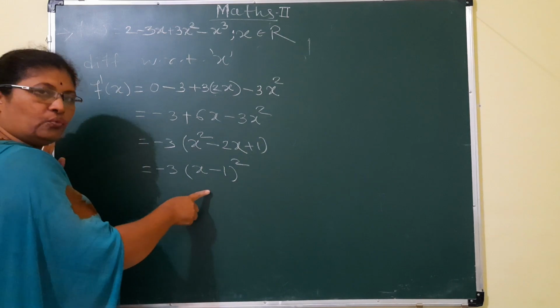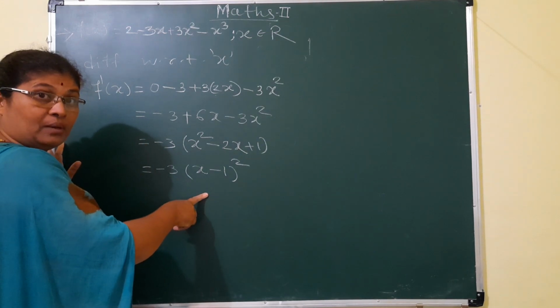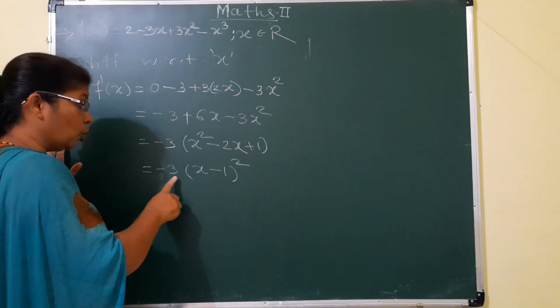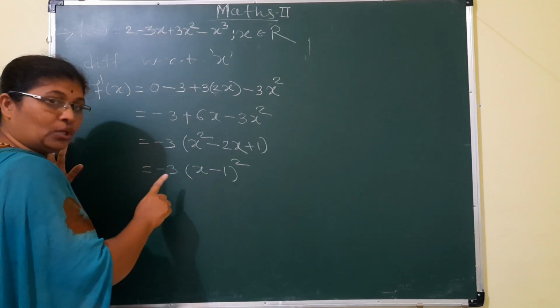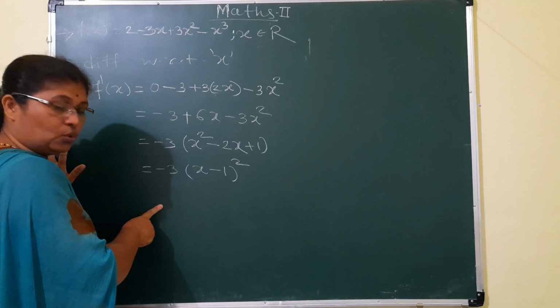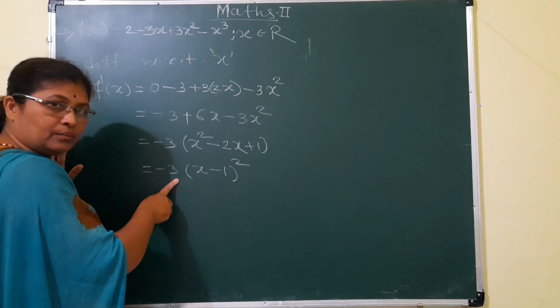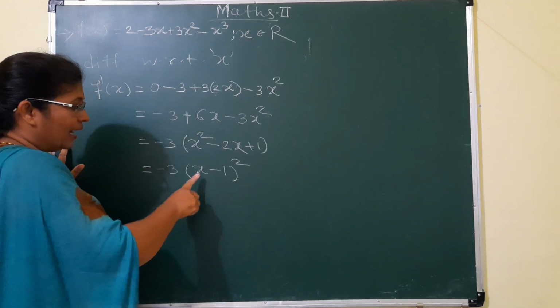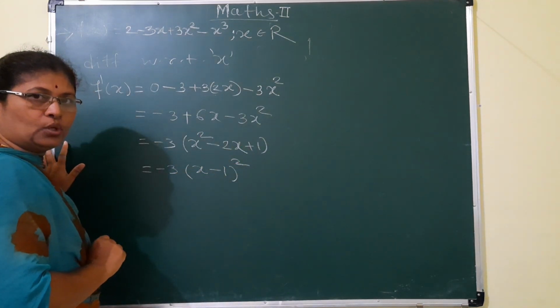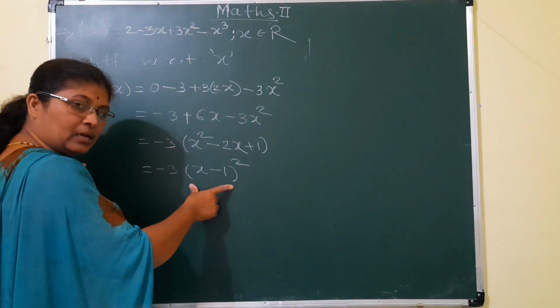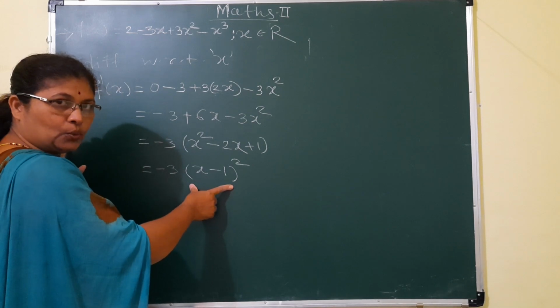So this value will be greater than 0 if both the terms are positive. It will be less than 0 if one of them is negative. So look at this, minus 3 means a negative term is there, and x minus 1 bracket square is there. So it will always be positive. We know that the square of every real number is always positive.